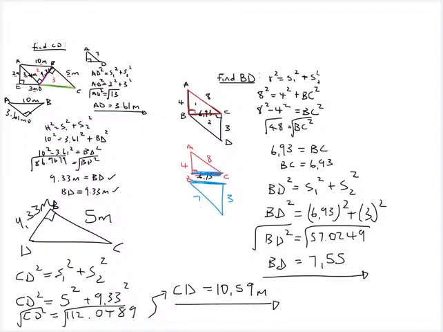Maybe very quickly, let me just verify if all that I've done is correct. That first one, let's see, yes, 8 squared minus that, and then you square root both sides, and that's how you get the answer. I'm checking that first one where I had to find BC. No, BD I meant to say. Then BD squared, yes, that is the hypotenuse, and then you just plug it in there, square root both sides.